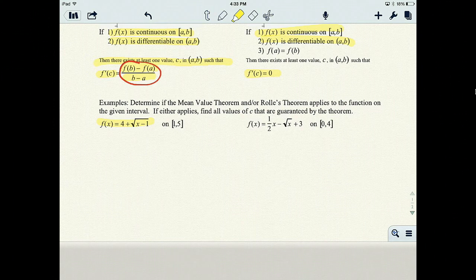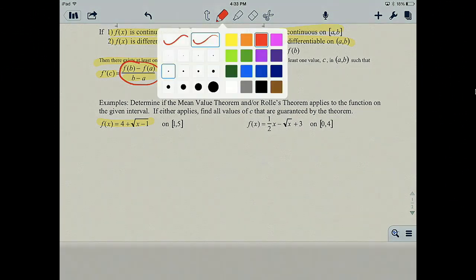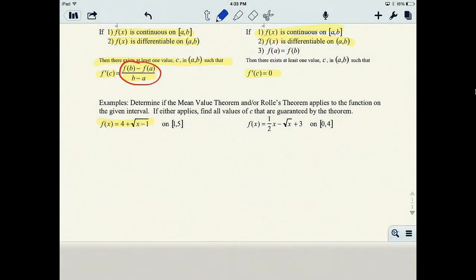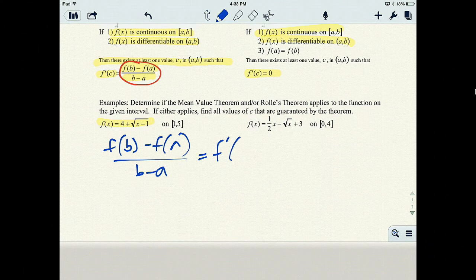So let's find out what the average slope of the whole function is. Let's try again: f(b) minus f(a) over b minus a. I'm just going to flip the formula real quick, equals f prime of c. In other words, there has to be some number that has the exact same slope. So I'm going to plug in the formula on the left.